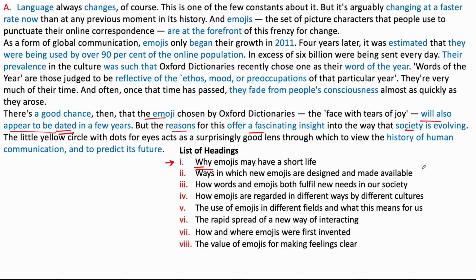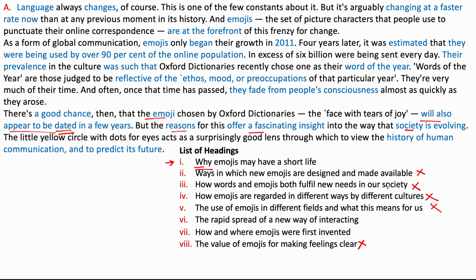How emojis are designed, how they fulfill new needs of the society, how they are regarded by different cultures, the use of emojis in different fields, and the value of emojis for making feelings clear. These 5 are not mentioned at all.